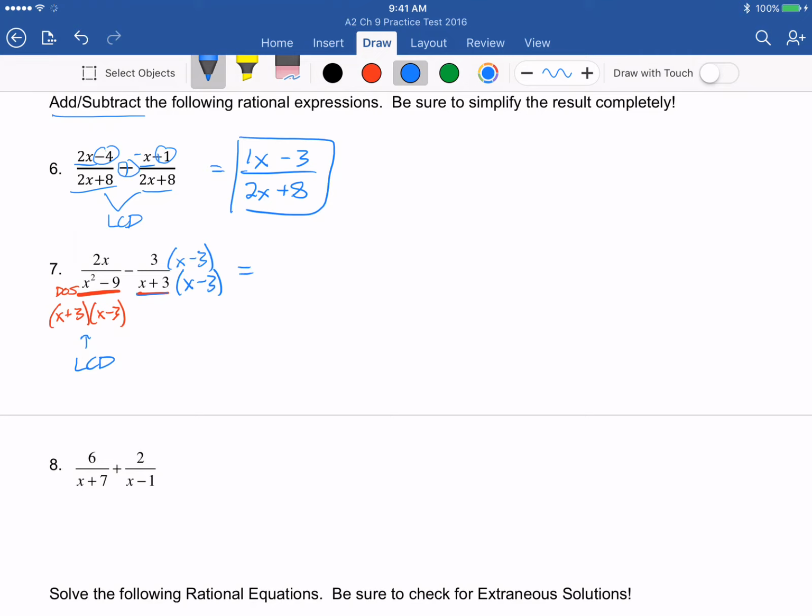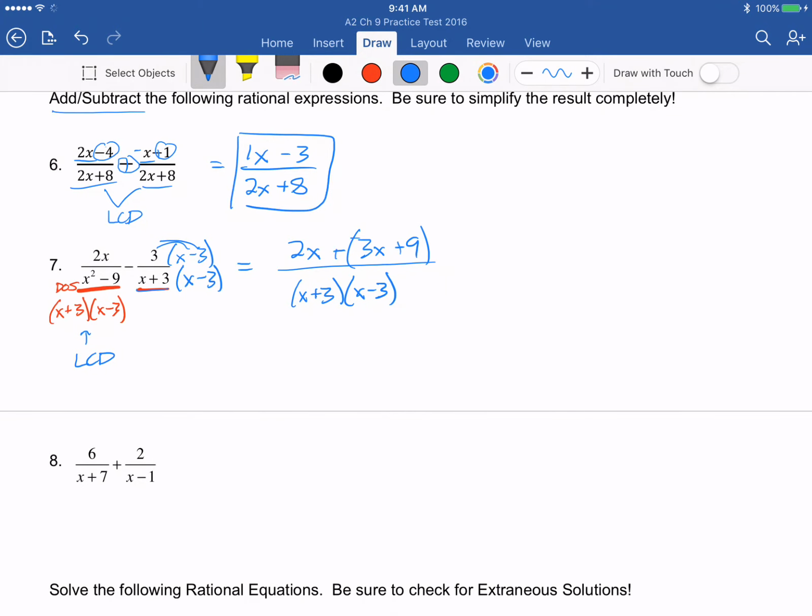So then I have 2x minus 3x minus 9. Okay, I'm going to put that in parentheses because it's all minus. I just distributed that 3 over here, all over that least common denominator, which is x plus 3 and x minus 3. Okay, so that minus has to talk to both of those guys, so it's negative 3x and plus 9.